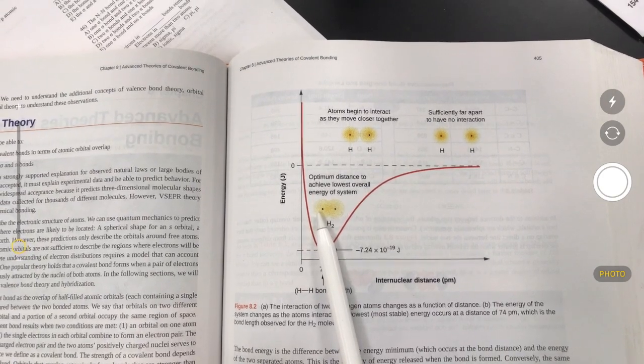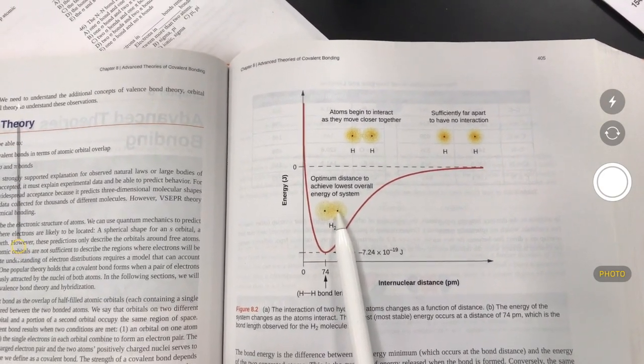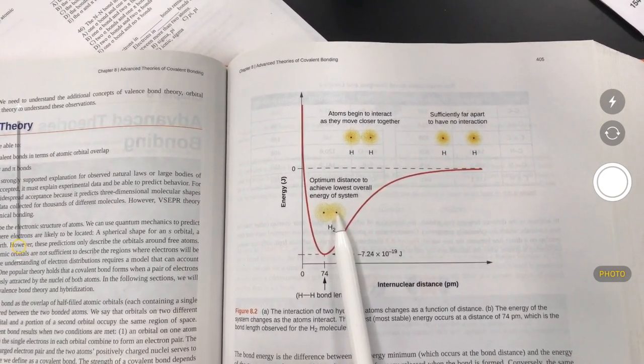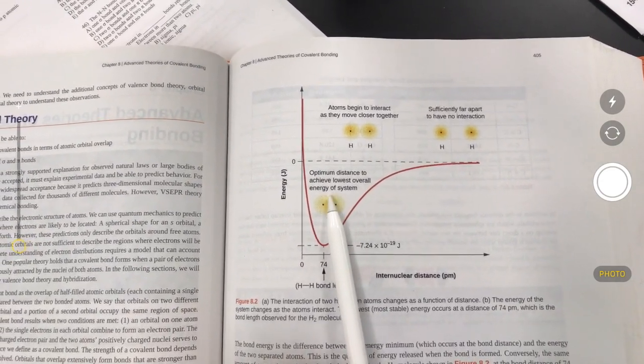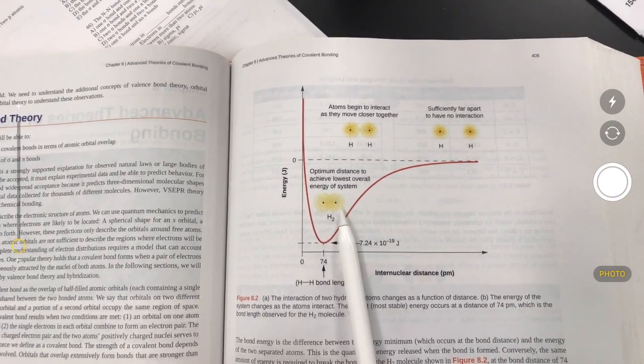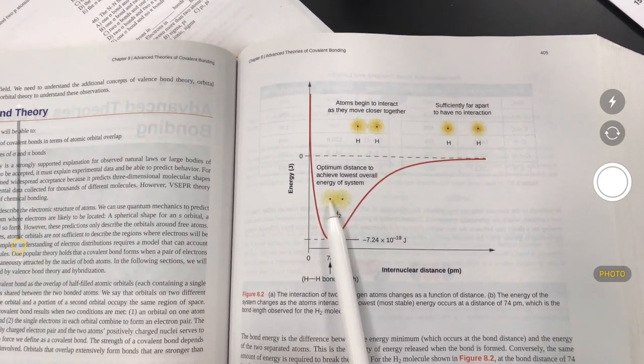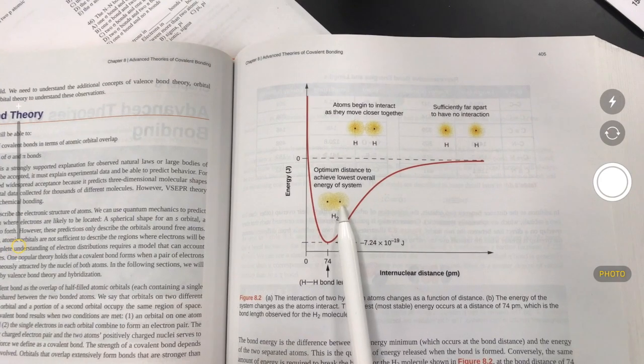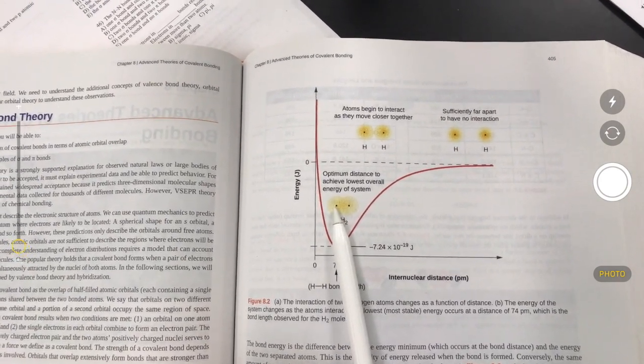So these electrons on the left are attracted to the proton or the nucleus on the right. And at the same time, electrons from the electron cloud of the hydrogen atom on the right see the positively charged proton on the left, and so these electrons are attracted to that proton.